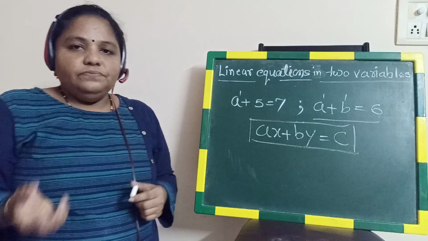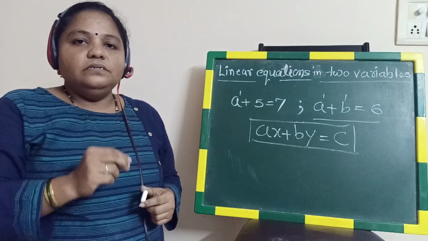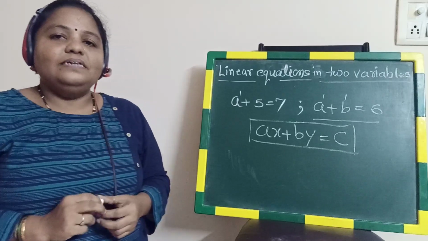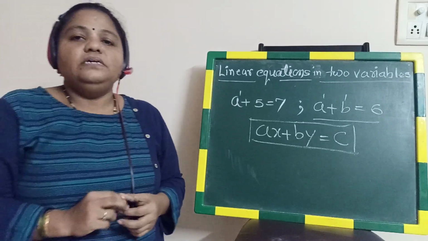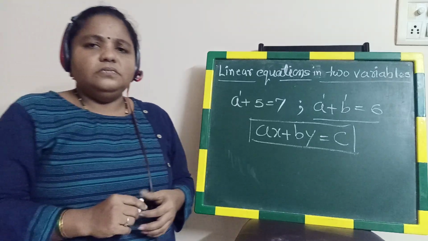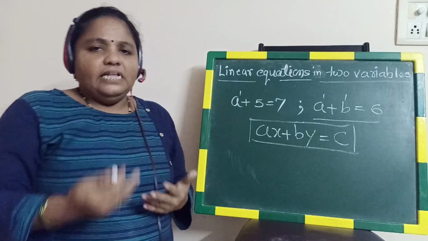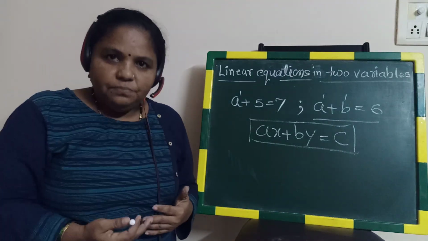When two equations are satisfied by the common solution, then we call them simultaneous equations of each other. There are so many methods to solve simultaneous equations, such as the elimination method, the substitution method, the graphical method, and the determinant method.